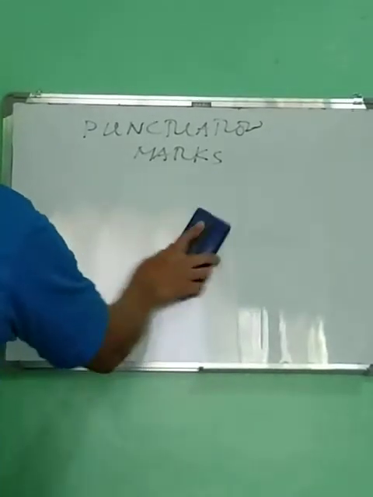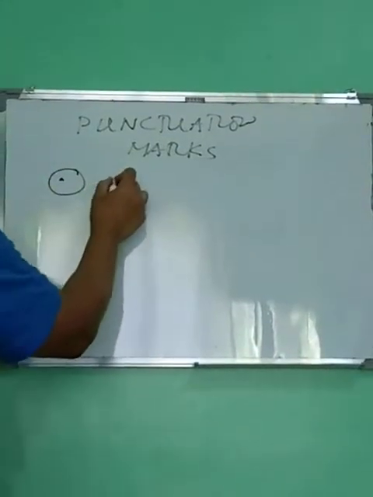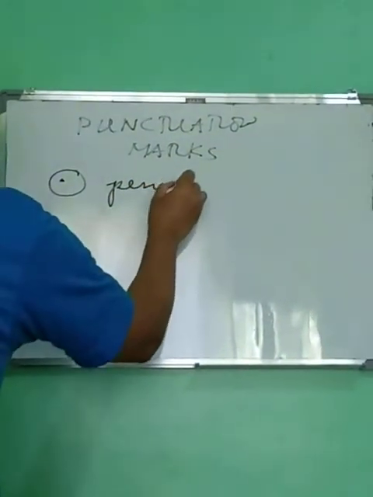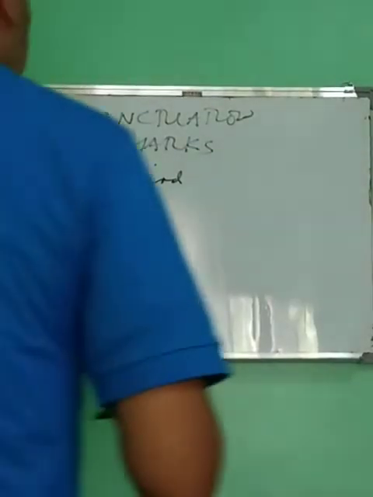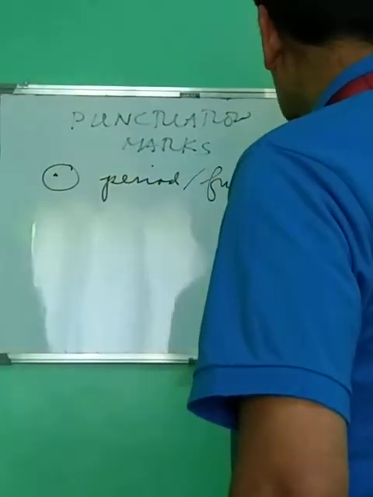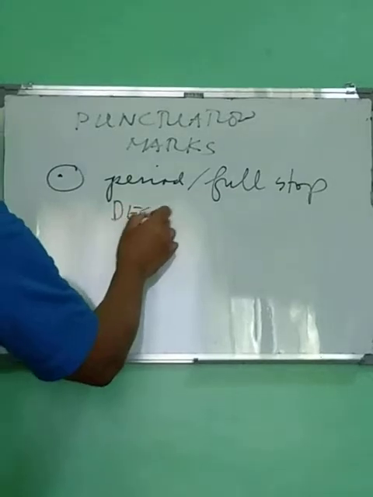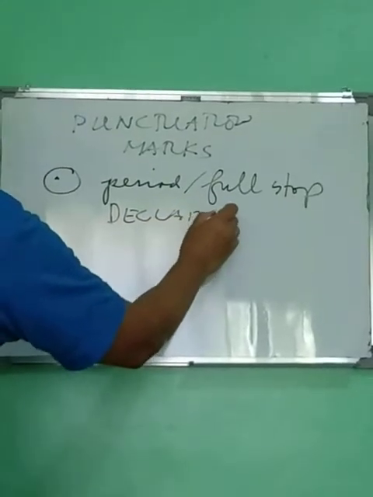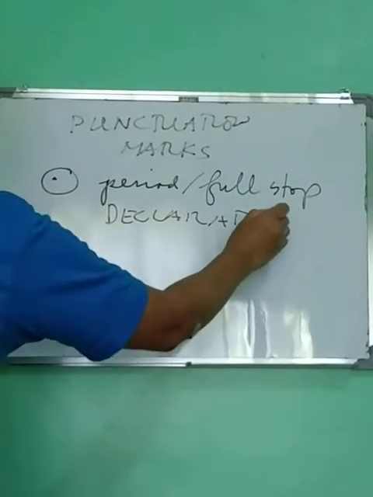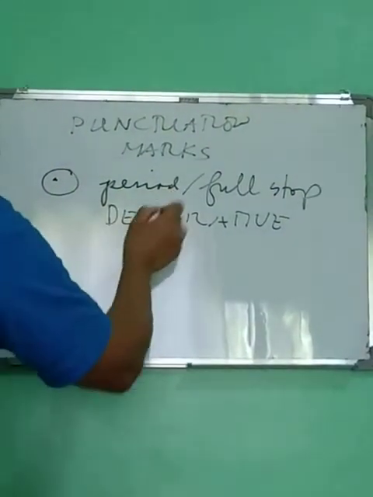So we go back to these punctuation marks. I think you have to identify all of them. When we talk of this, we talk about the period. Never forget the period for every declarative sentence, or the full stop. We use the period for declarative sentences. What are declarative sentences? You will be taking that up in Grammar 2 next semester.